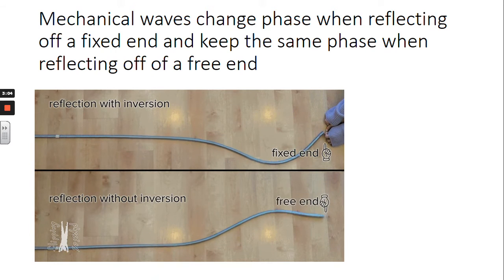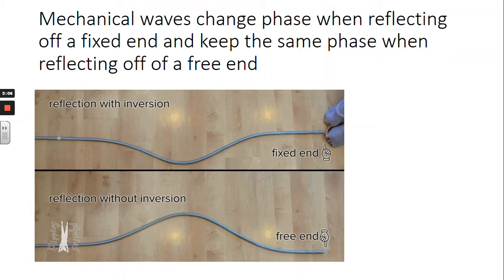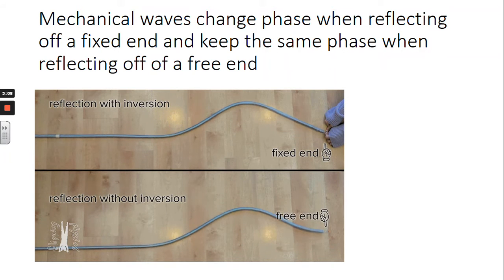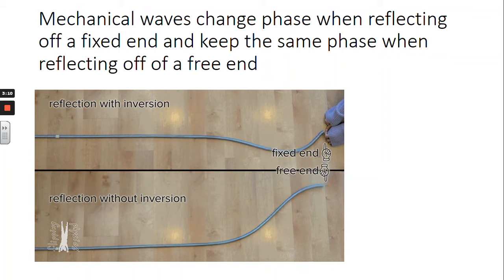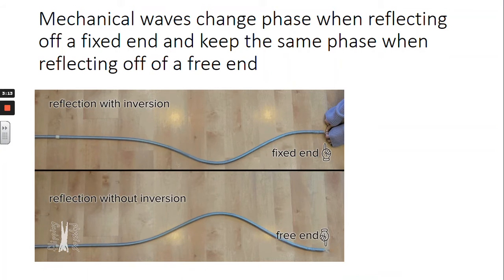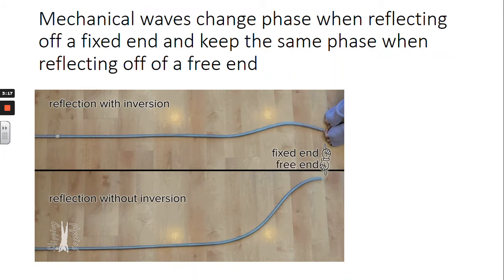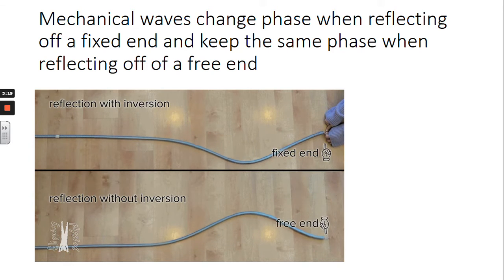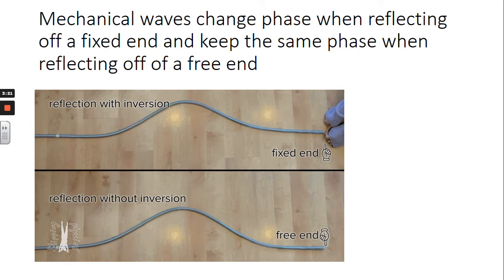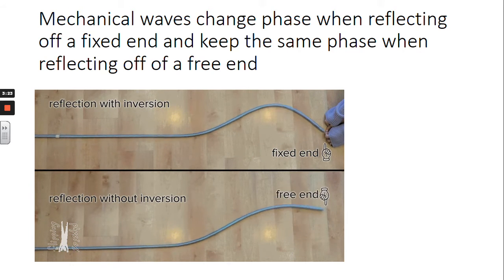Mechanical waves, like this slinky wave, change phase when reflecting off a fixed end, and they keep the same phase when reflecting off of a free end. This will be important for keeping track of our effective path difference between the two waves.